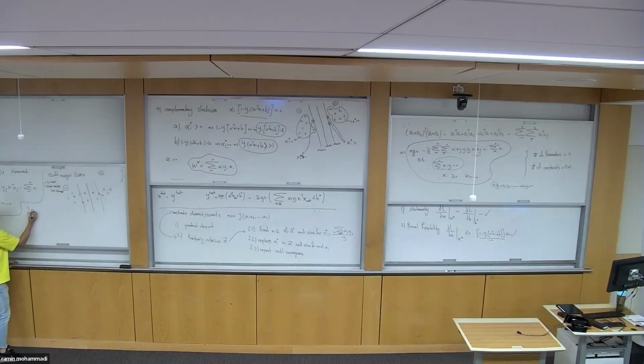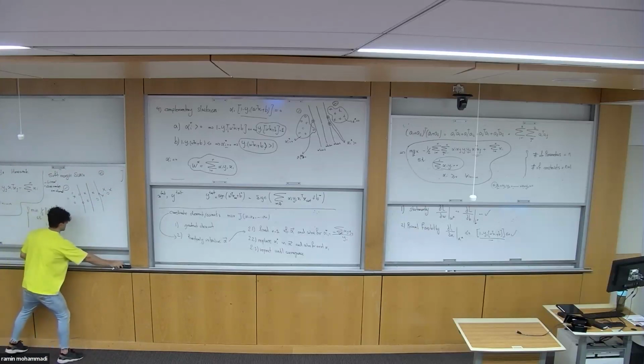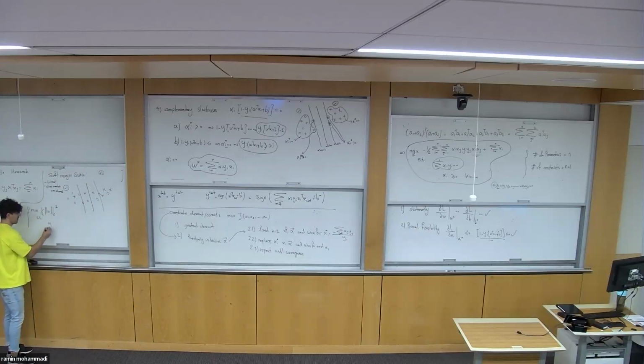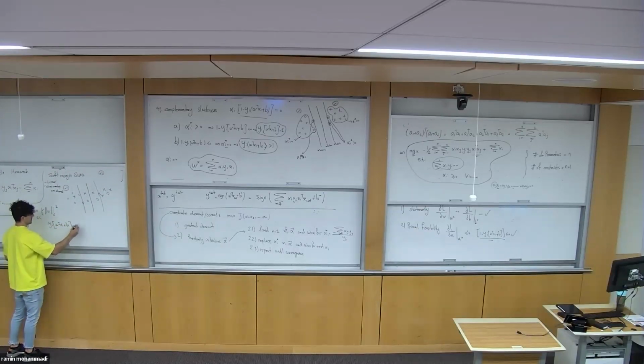Vanilla SVM was: we want to minimize this term subject to y_i (w transpose x_i + b) greater than or equal to 1.